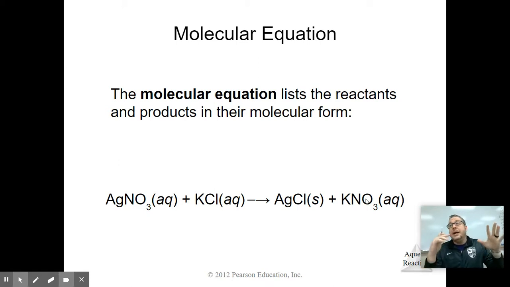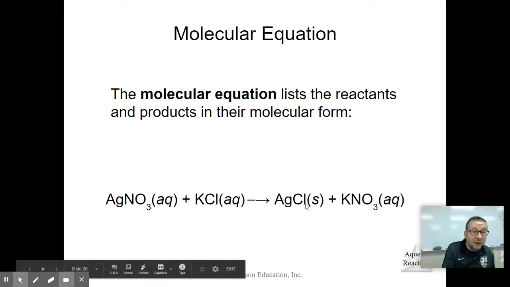And then we are going to eliminate certain ions that are essentially non-players. They don't really have a huge role in what is happening in the overall reaction. In these types of reactions, we're looking at reactions that have precipitates, things that are insoluble, like silver chloride.